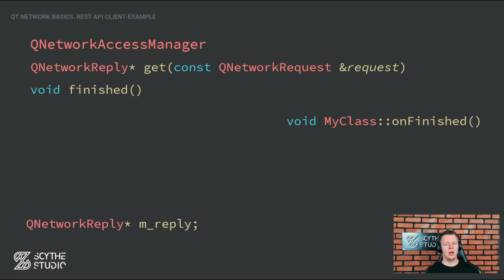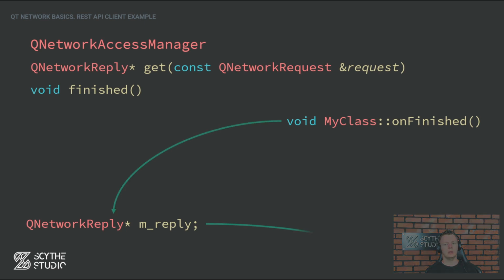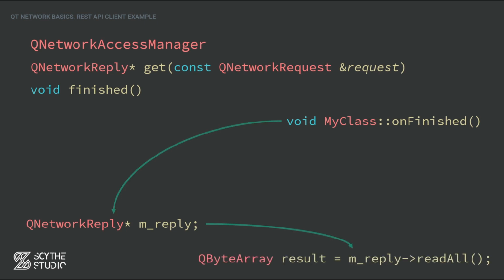In this slot, we can use the stored pointer to QNetworkReply and then read the response data. We can get the response body as a QByteArray and process it as needed. And that's how the whole process of making HTTP requests and parsing responses looks like in Qt.